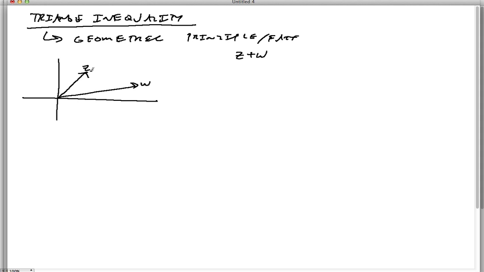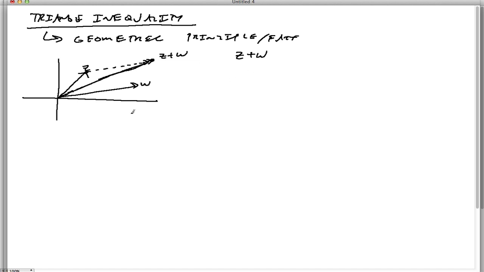And what we do to add two numbers in the complex plane geometrically is you just take w and you attach its base to the tip of z, about right there, let's say. And that represents z plus w. Okay, so we can write that as z plus w there.